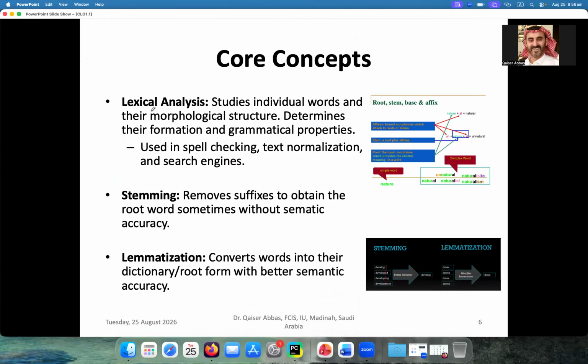Now, moving next, lexical analysis. The term is lexical analysis. If I say this is a lexical item, it means I am talking about a word. Lexical item means a word. So, what is lexical analysis? When you are analyzing a word and what is in it, this is called lexical analysis.